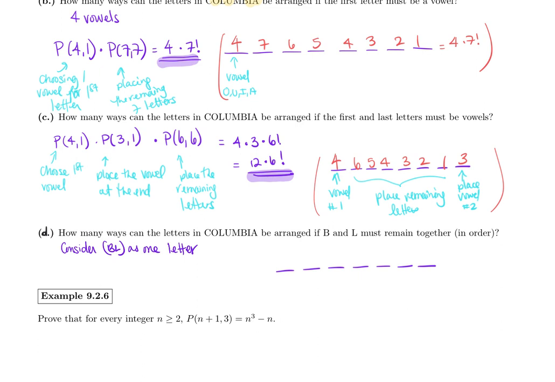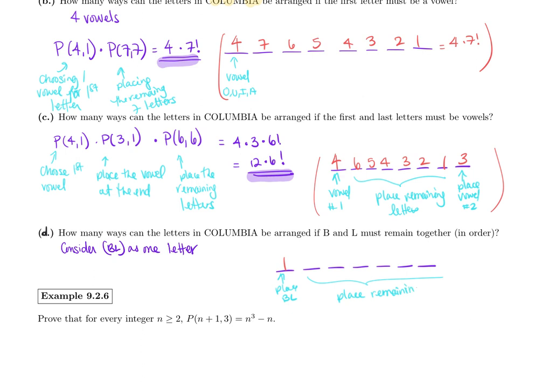How many ways can we place BL together? Well, it has to be just one way, right? So we'll talk about placing BL first. And there's really only one way to place B and L together. Keep them together, right? And then what we have left is we have to place the remaining letters.